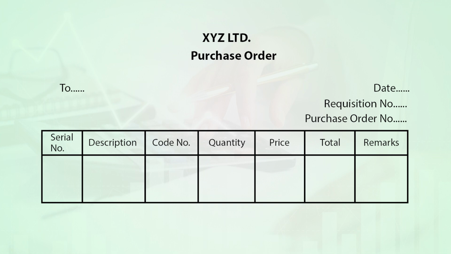The purchase order contains 7 columns, that is serial number, description, code number, quantity, price, total amount and remarks if any. It also has packing and dispatching instructions, discount if any applicable as per terms and conditions of agreement.